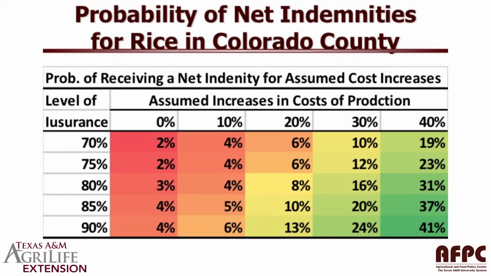If we had a 10% increase across the board in those input costs, we'd see at the 90% level a 6% chance of positive net indemnity. We get out here to the 40%. If costs went completely out of line this year, went up 40%, there would be a 41% probability that the indemnity would be greater than the premium.